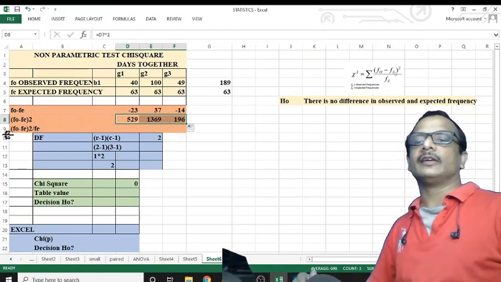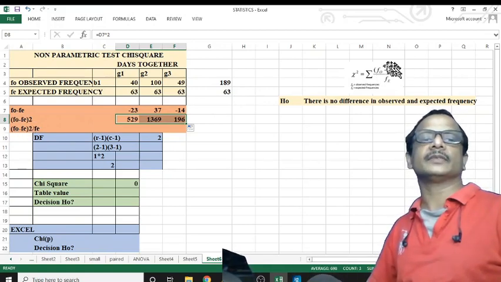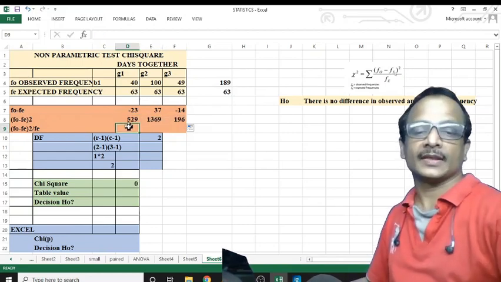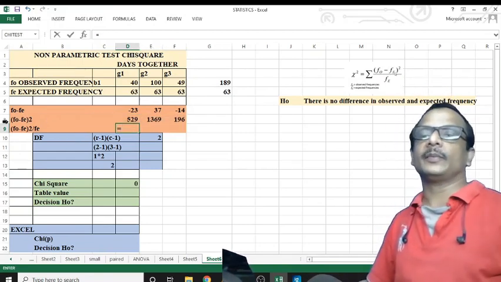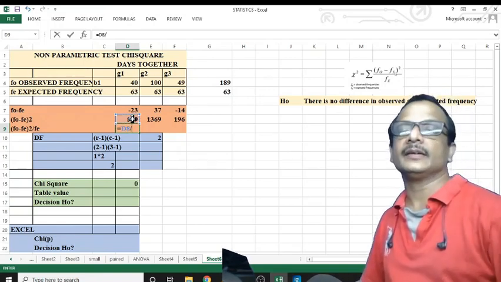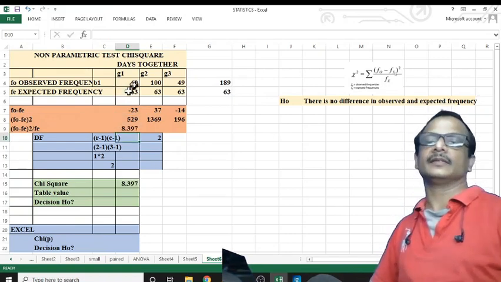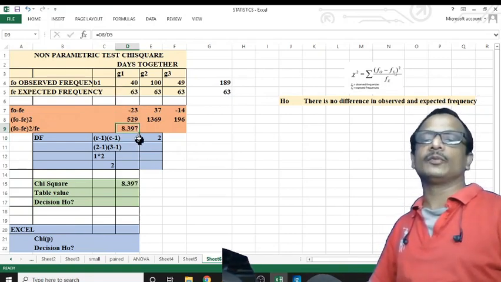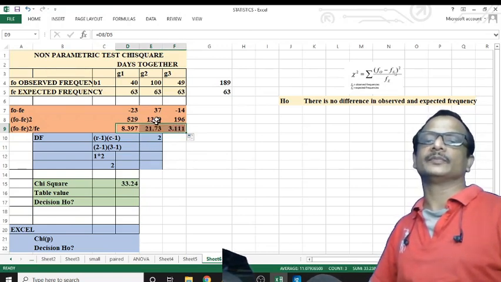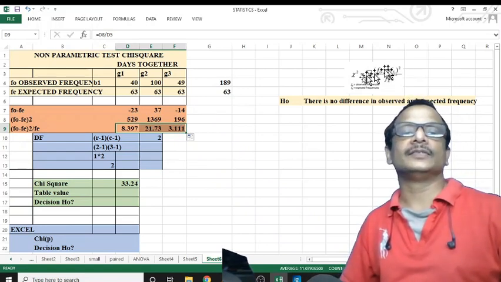Then FO minus FE all squared divided by FE, as per the equation. FO minus FE all squared is here, divided by FE, here 63. Now we can calculate the same for the other two pairs. Now check for sigma.